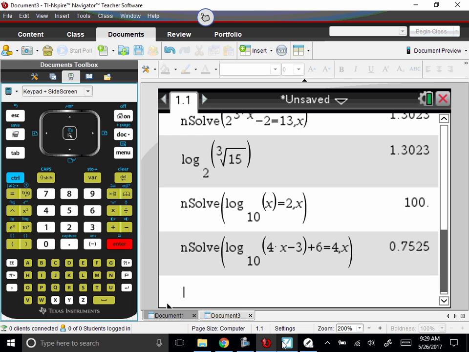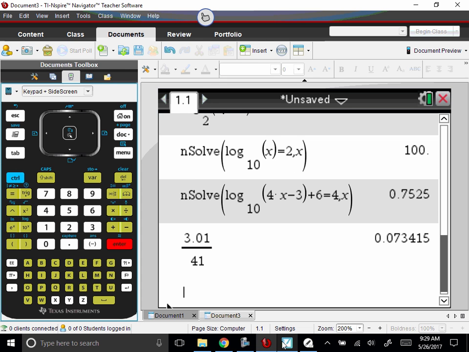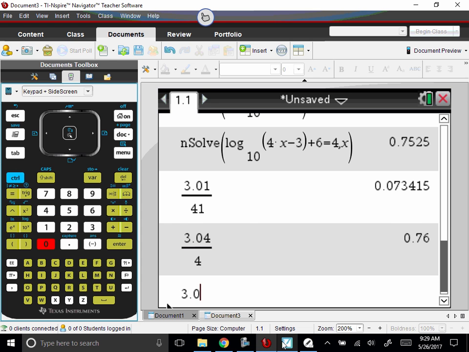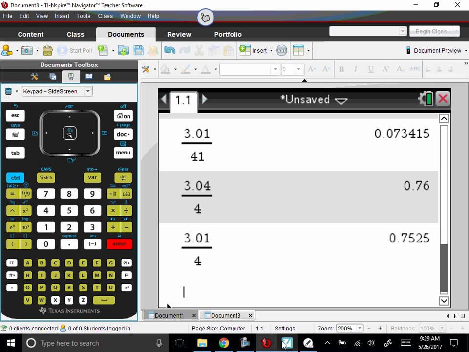There we go. Yeah, the answer is about 0.75. 3.01 divided by 4. A little bigger than point. Well, I said 3.01 divided by 4. Oh my gosh. 3.01 divided by 4. 3 weeks later. There we go. Okay. Question.